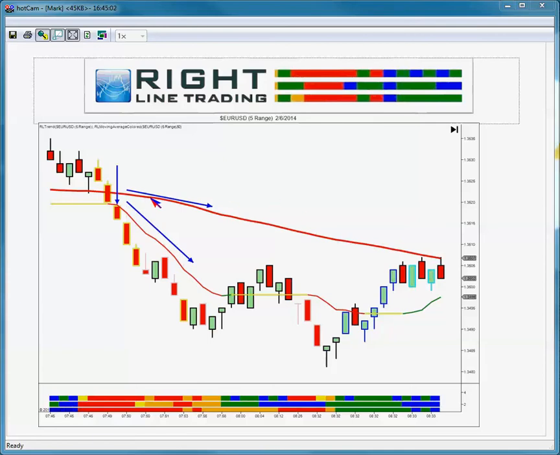Now, you can not only break the 50, but you can also break the modified 15. And here is a break of the 15 with a 3-line signal. The 3 lines, order flow, stochastic, and momentum, are all to the downside.